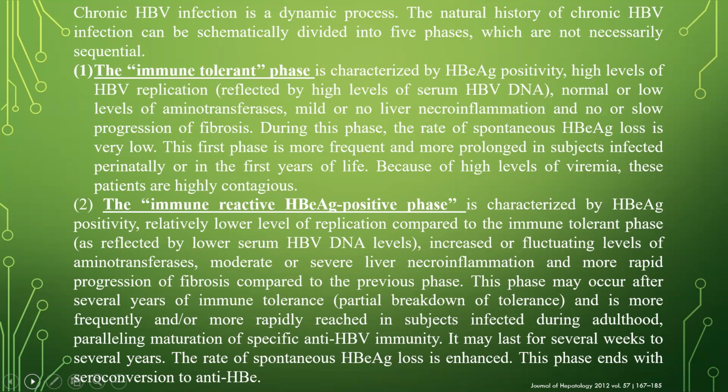This phase may occur after several years of immune tolerance, with partial breakdown of tolerance, and is reached more frequently and more rapidly in subjects infected during adulthood, in parallel with maturation of specific anti-hepatitis B immunity. It may last from several weeks to several years, and the rate of spontaneous HBe antigen loss is enhanced. This phase ends with seroconversion to anti-HBe.